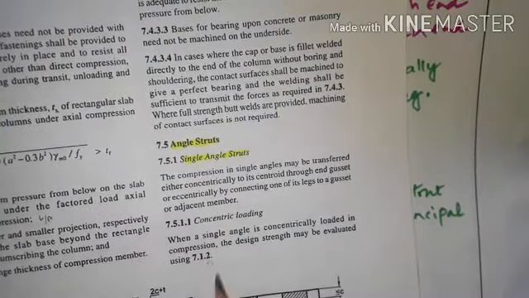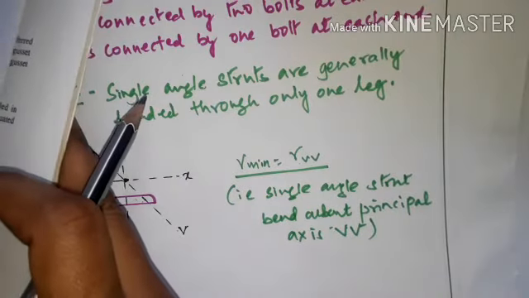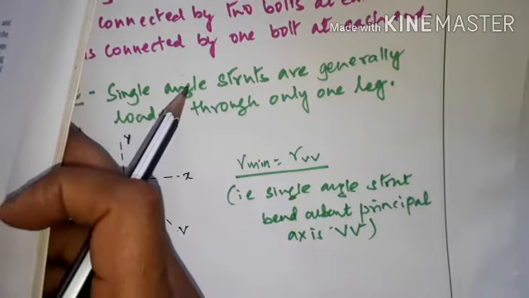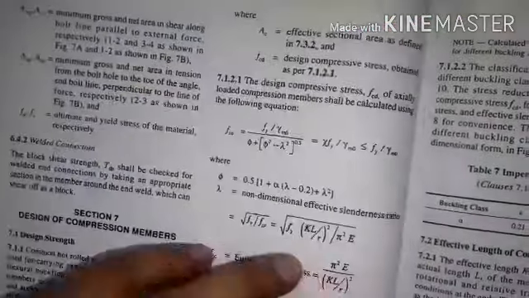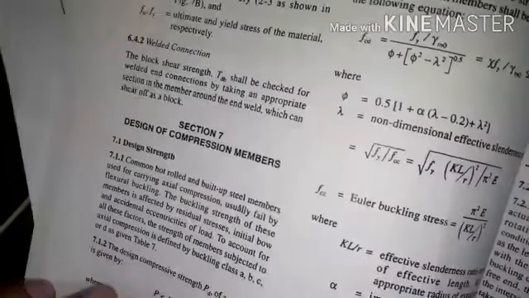If you want, I will show it here. Here, see, these are the clauses where we have calculated the FCD. 7.1.2 you can see here, 7.1, below that 7.1.2. In the previous session we have calculated.